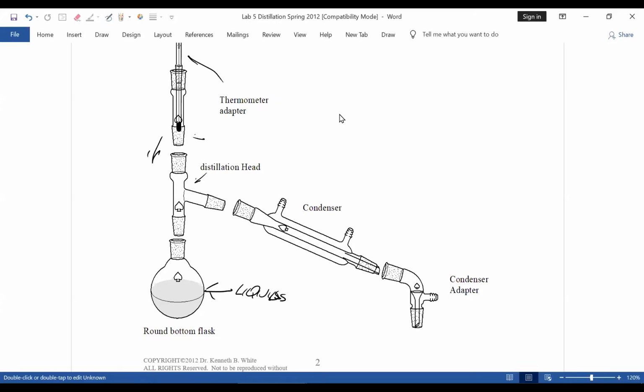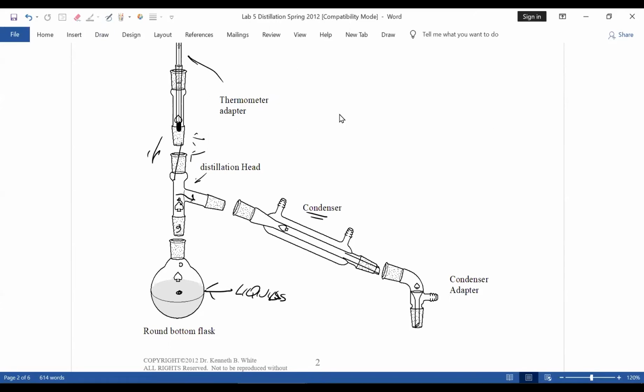This is called a ground glass joint, which allows you to connect things together. This is more an organic lab. What happens is, if you have something boiling here, the vapor comes up here. This is connected, so it can't go out here, and it goes here. And here you have the condenser.